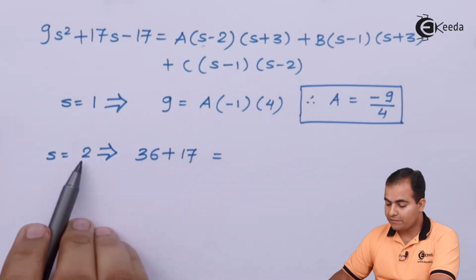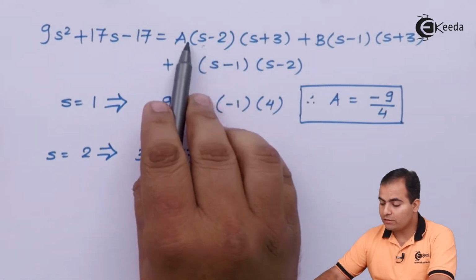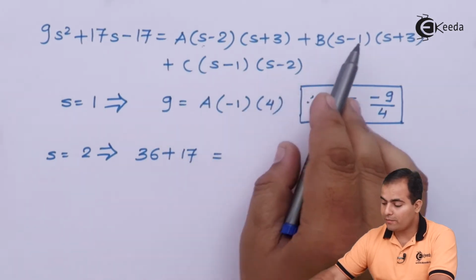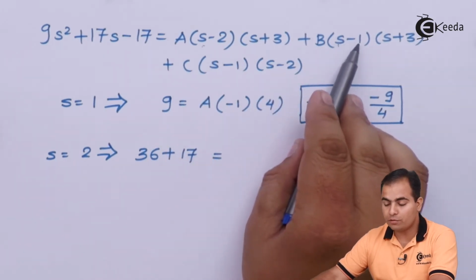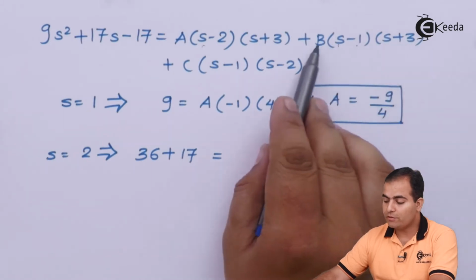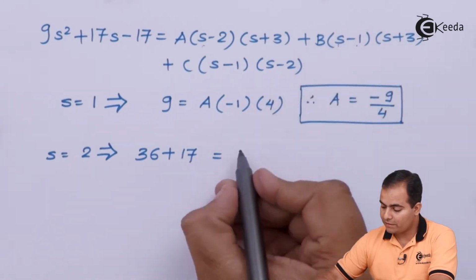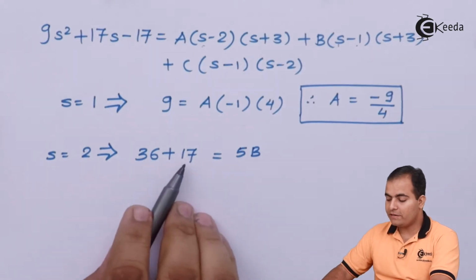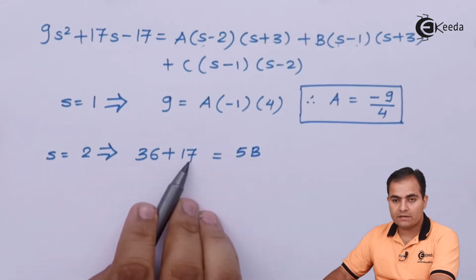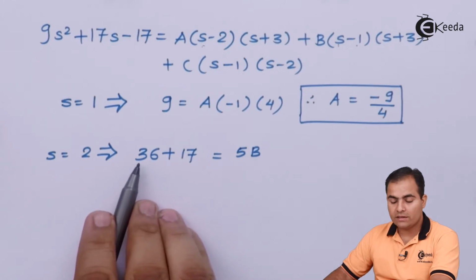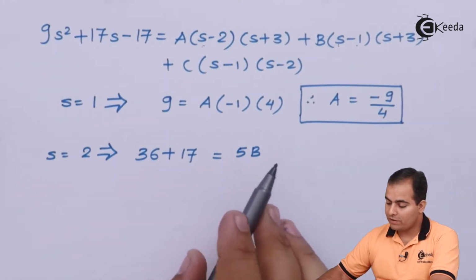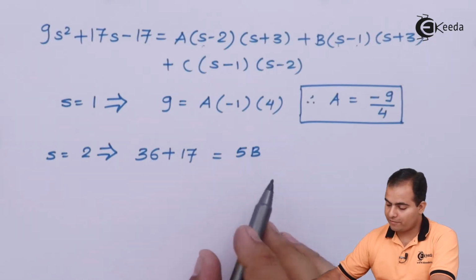On the right hand side, if I substitute s equals 2, then this whole bracket becomes 0. Similarly, this whole bracket also becomes 0, but this will be 2 minus 2 becomes 2, and 2 plus 3 becomes 5. So we have 5b on the right hand side. Now simply perform the addition: 36 plus 17, the result is 53, and 53 will be divided by 5. So the answer of b is 53 by 5.